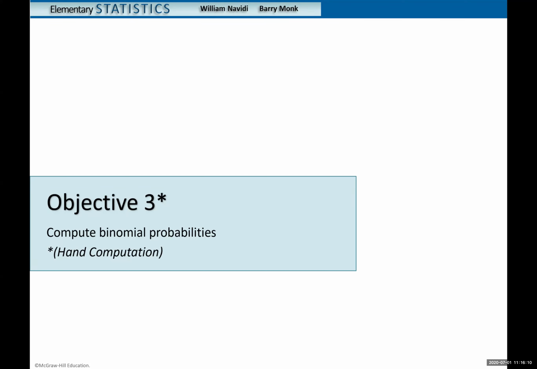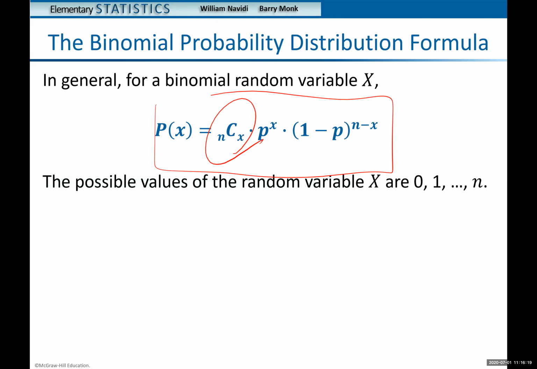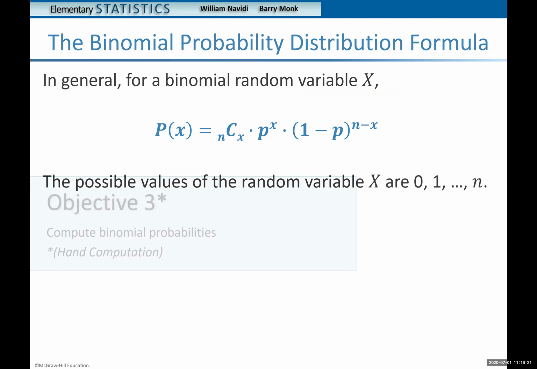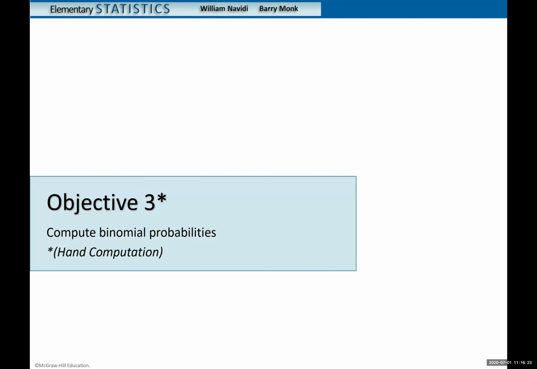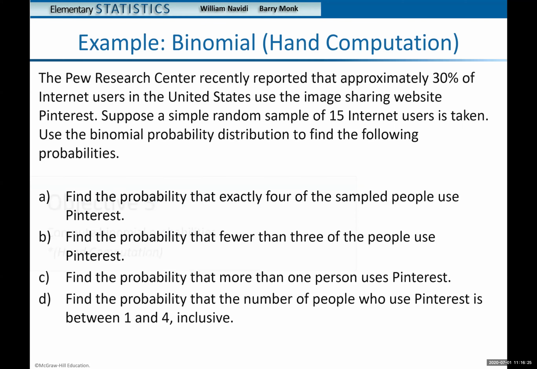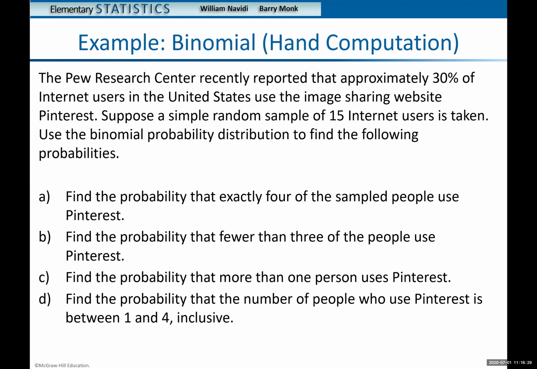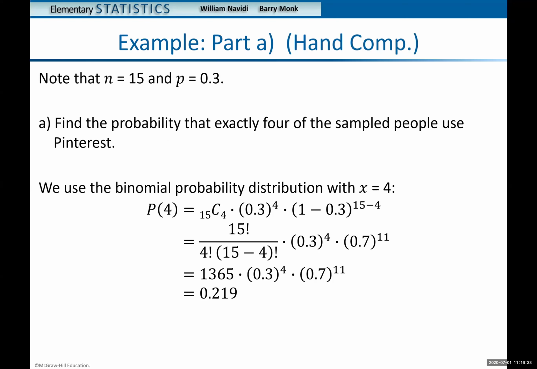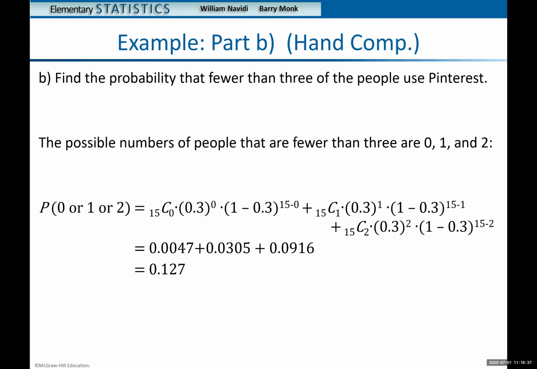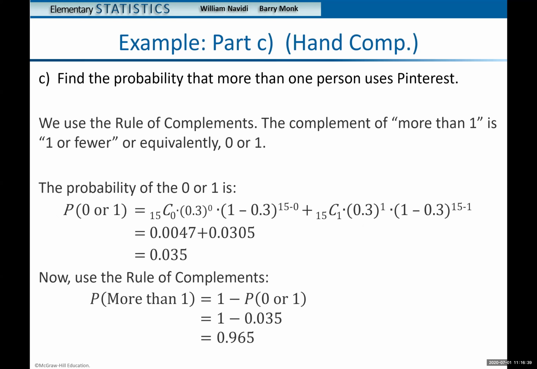Objective 3 has 3 different ways. Hand computation is by using the formula, so we're not going to do this. You can skip this. We're going to solve the same examples, A, B, C, and D, just showing you using the formula. Long.